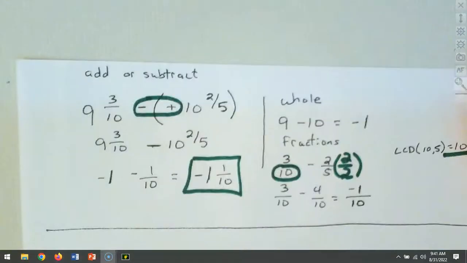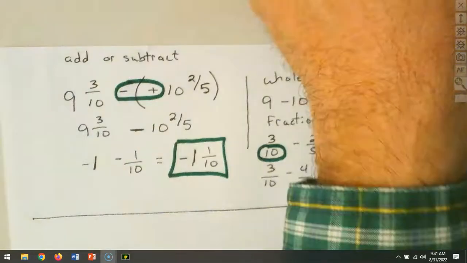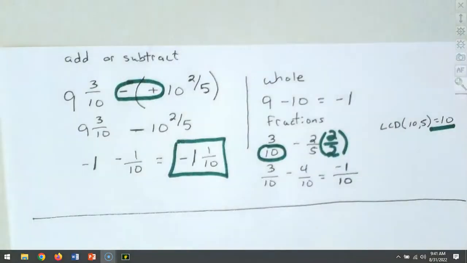Let's look at another one. And this next one's going to introduce a new concept where we have to borrow.